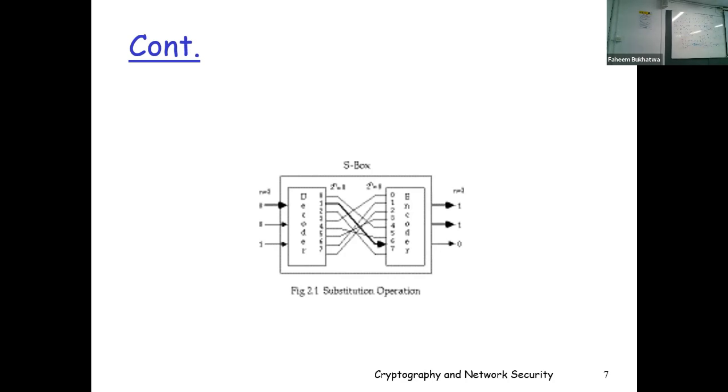It's actually fixed in that system, and it actually reduces the size of the bits as well. So if you give it 6 bits, it only gives you 4 bits. So it's substitution, but it also condenses the data.